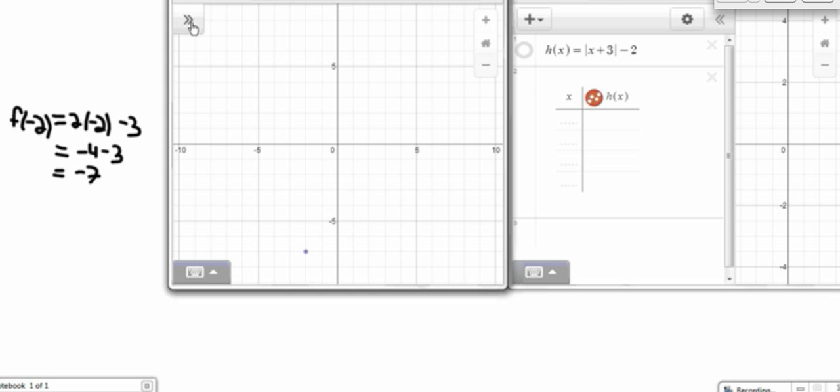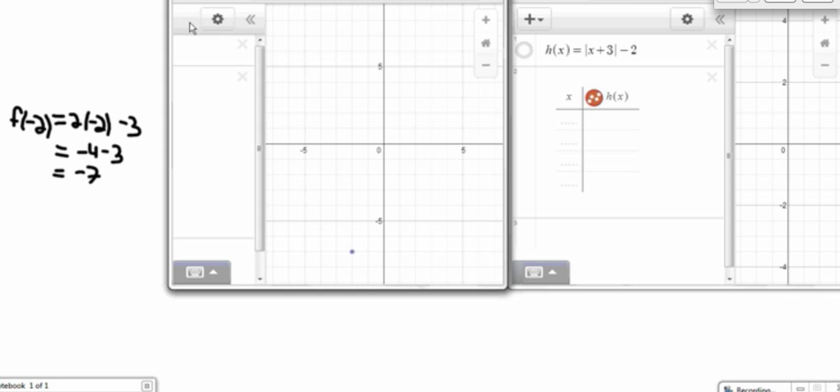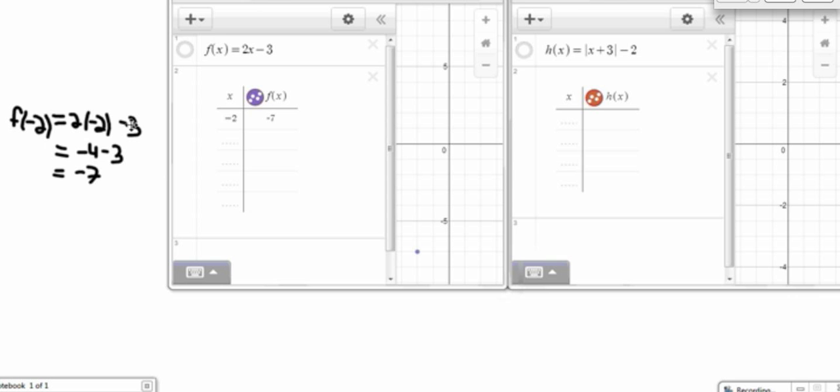So let's go back to the table, and we can try to find another one. Desmos, of course, will just tell us the answer, but we want to show our work at least one more time to make sure that we know what we're doing. Right. So let's try the next whole number, which would be -1, next integer. So f of -1, and we're going to do the same thing we did before. We use f of x equals 2x minus 3, but this time we're using -1 as our input.